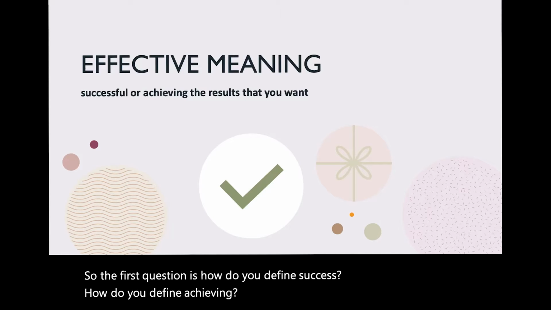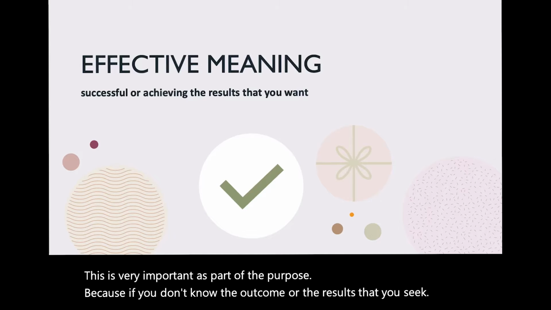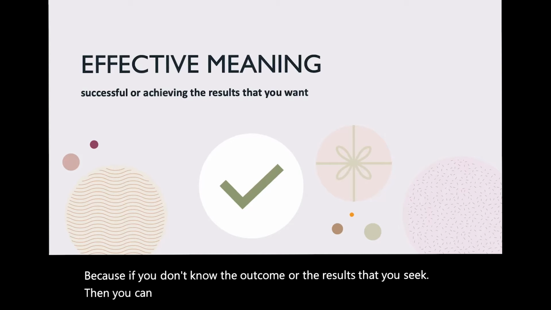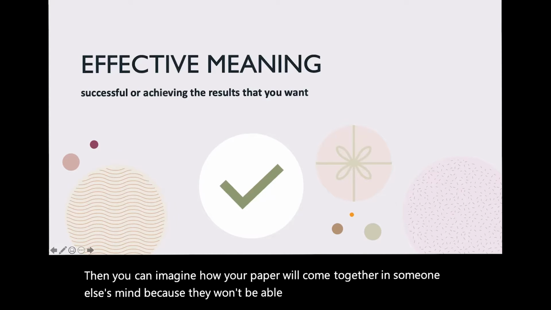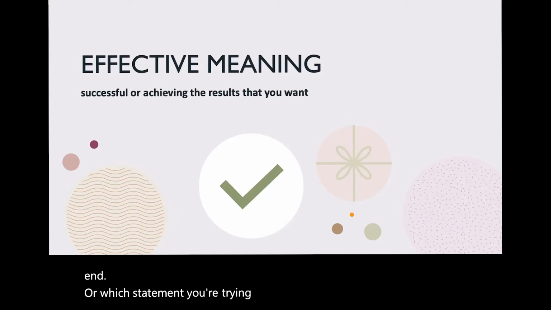And honestly, what results do you want? This is very important as part of the purpose, because if you don't know the outcome or the results that you seek, then you can't imagine how your paper will come together in someone else's mind, because they won't be able to follow where you're trying to end or what statement you're trying to finalize or finish on.